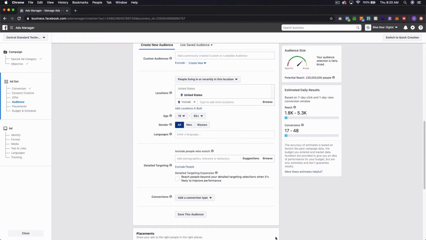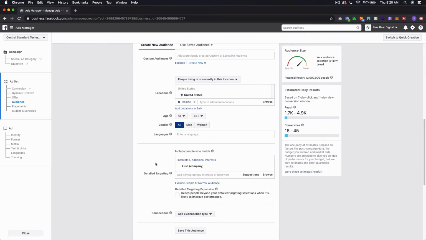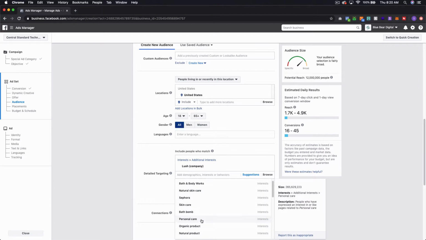So let's say that you're selling organic cosmetics or something. Well, you might want to try to target Lush Cosmetics. And then you can click down here in the suggestions, and it'll recommend other things you could potentially target.